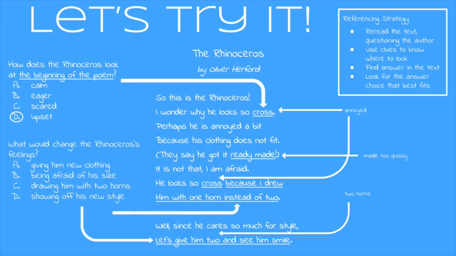And then again in the last stanza it says, let's give him 2 horns and see him smile. So that really helps me out. I know that if I drew him with 2 horns, that would change his feelings from annoyed to something happy because now he's smiling. So now I want to look for the answer choice that goes along with that.